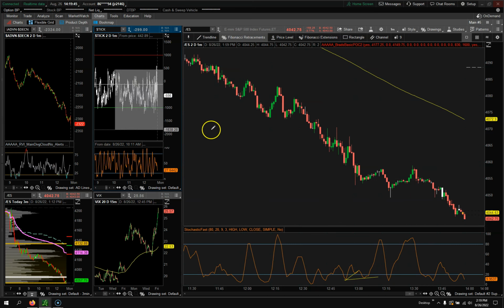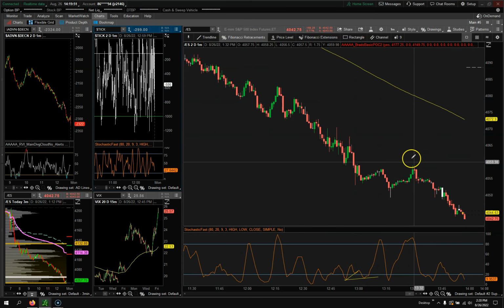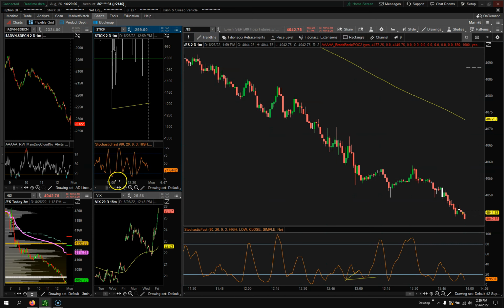Essentially what I'm looking for is if price starts to make new lows, kind of like we are here, I'm looking for a potential divergence. We could see there's a divergence right here, because if we look over here, we could see a double bottom. A divergence here.